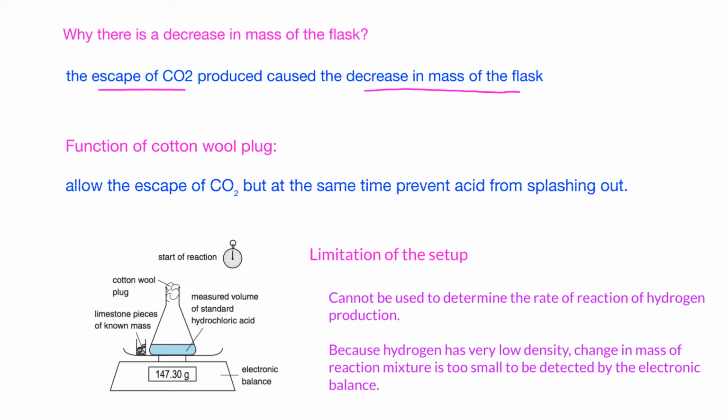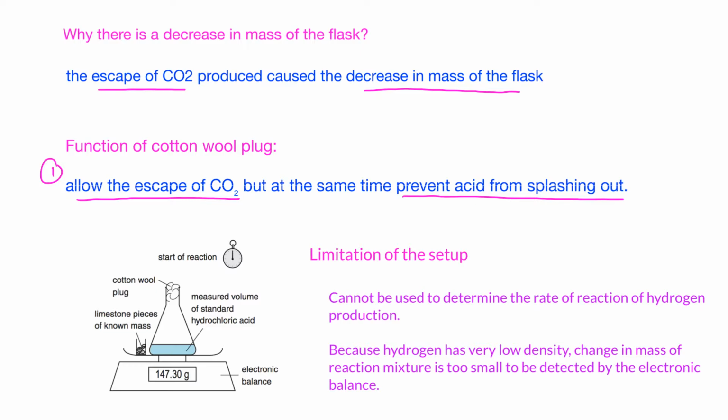So what is the function of the cotton wool plug? There are 2 parts of the function. The first one, it allows the escape of CO2. If you're using a stopper, actually you cannot do that, but you can say that if I don't use a cotton wool plug, the CO2 can also escape. The other function of the cotton wool plug is to prevent acid from splashing out, because you know that in the process bubbles are coming out.